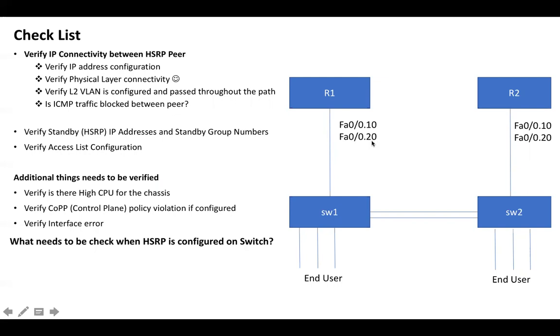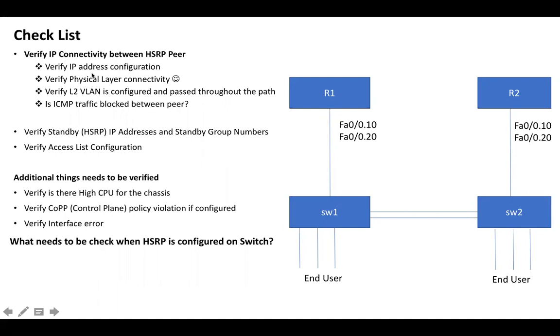If we are able to ping from R1 to R2 or vice versa, it means we have isolated layer 1 and layer 2 between R1 and R2, as well as IP address and subnet mask is configured properly between R1 and R2 for this particular subinterface. Correct? Let's assume ping is not working between R1 and R2 for this particular subinterface. In that case, we have to start with first point.